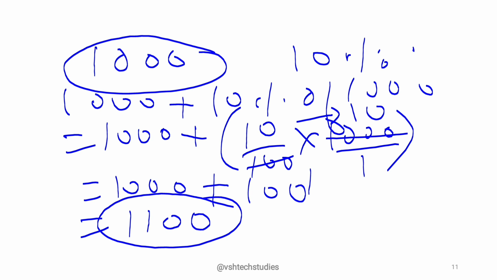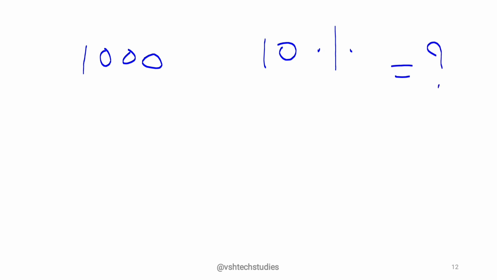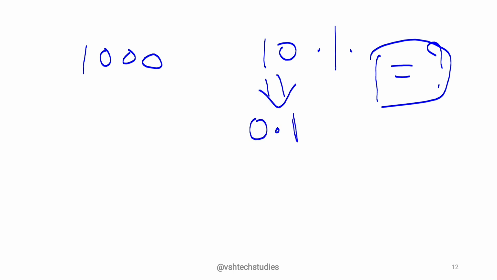Next we shall think how quickly this can be done. What was the original value? 1000. What was the increment? 10%. Then what is the final value? That is the question here. So a 10% increment means 10 upon 100, which can also be written as 0.1.